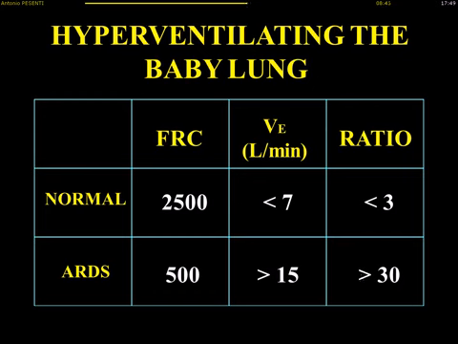Now, if you think about mechanical stress, you might realize how different the mechanical stress is between a normal lung and an ARDS lung, being ventilated not twice, not 3 times, but 10 times more than the normal lung. So this brought up the concept of a baby lung struggling to keep alive an adult body.